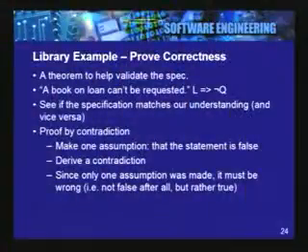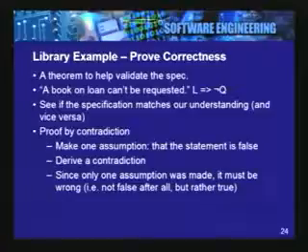Now, what we are interested in doing going forward is to write down a theorem to help validate the specification. And the theorem is going to be a pretty simple one, right. The first thing is that a book that is on loan can't be requested. The book is not even in the library at this point in time, and therefore, the book that is on loan can't be requested.